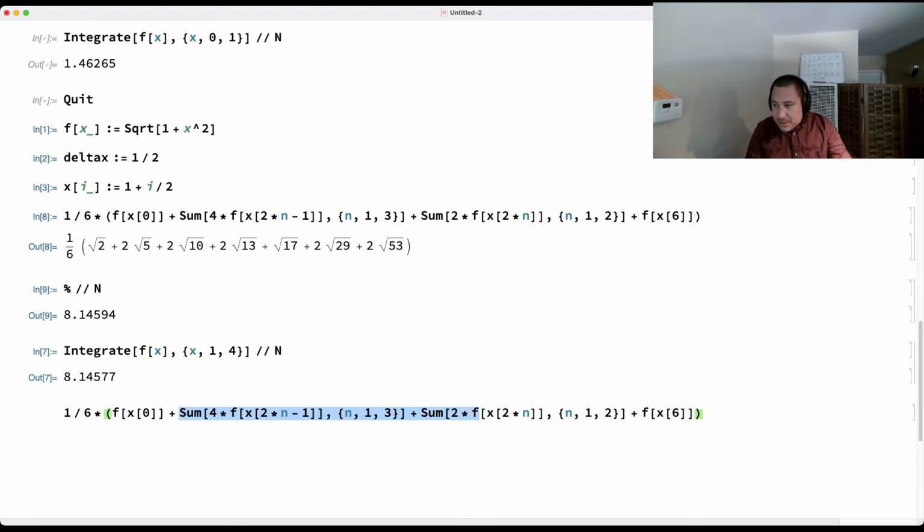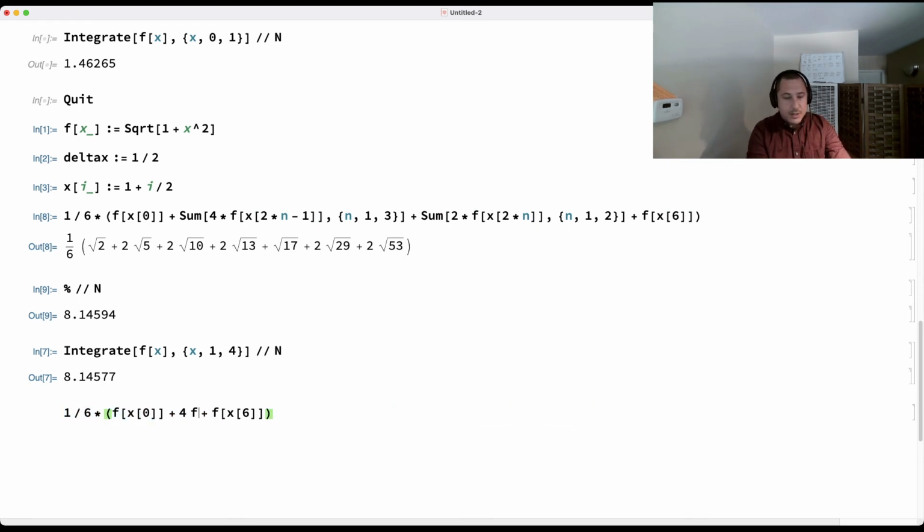You would have to literally go in here and replace all that with 4 times f of x of 1. And then you'd have to do 2 times f of x of 2. And then you'd have to keep on copying and pasting that in there, which is going to be a pain.